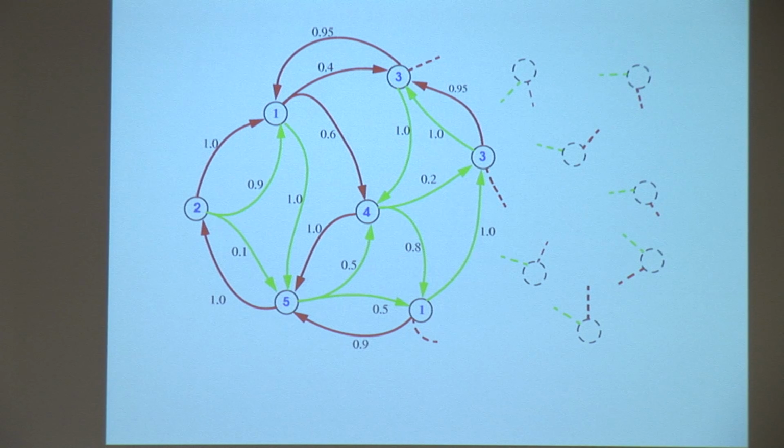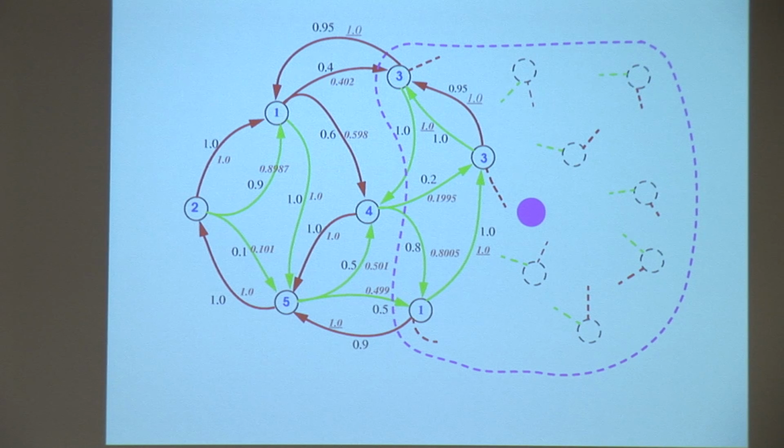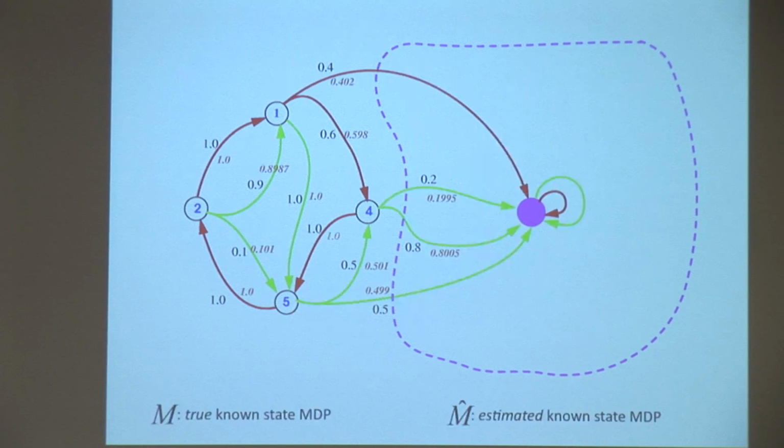The way you do E-cubed is you construct a special MDP by taking all the state action pairs you don't know and collapsing them into a single state. So everything you don't know is this purple state. And then here's how you do exploration exploitation. You say the unknown is really bad. You give very low reward, minus R max, to the unknown state and compute the optimal way of behaving in this MDP.